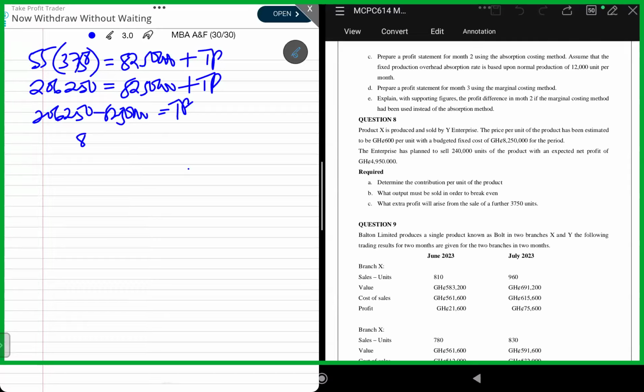Hold on. What extra profit will arise from the sale of a further 3750? No, this is a different approach. In other words, if the business should sell a further, additional 3750, what extra profit will be available?